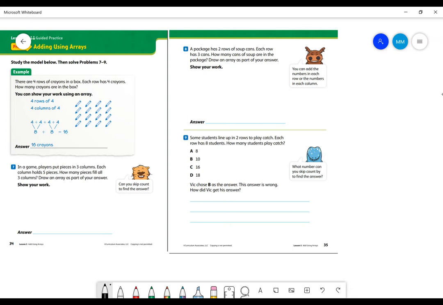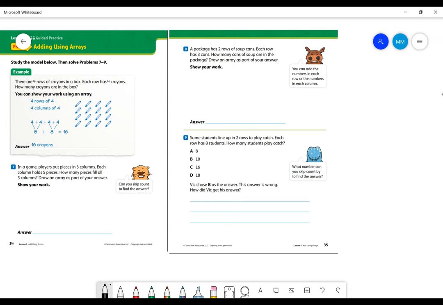4 rows of 4. So remember, rows go side to side. And 4 columns of 4. So columns go up and down. So we can see that there are 4 columns of 4. So that would be 4 plus 4 plus 4 plus 4. And there's also 4 rows of 4. So this is a repeated addition fact of doubles.